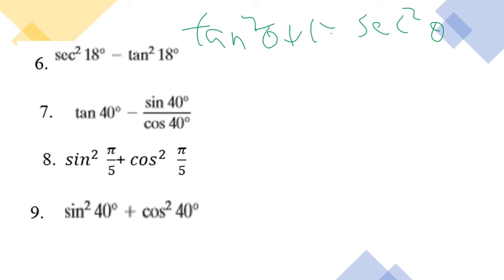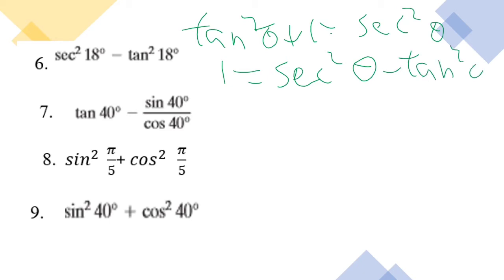And if I subtract tan squared theta on both sides, I get 1 equals secant squared theta minus tan squared theta. Now, no matter what theta is, as long as it's the same angle in both of them, if I have secant squared of something minus tan squared of something, it's going to be equal to 1. So the answer to number 6 is just 1.